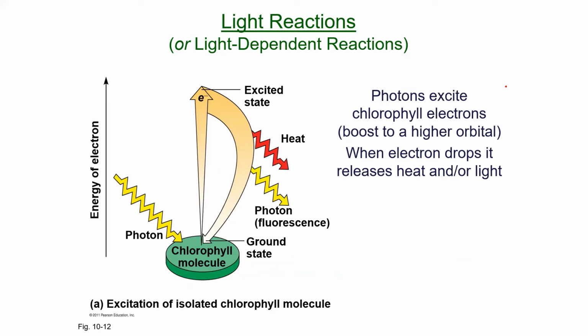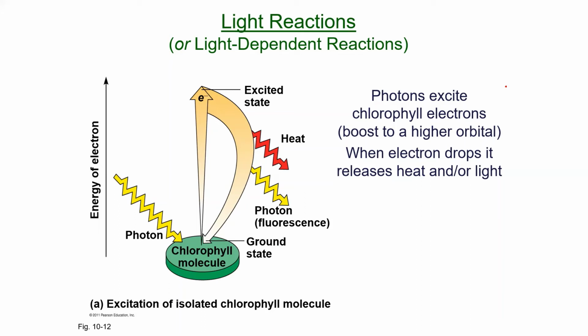It's kind of the same principle. What you have here is light is getting absorbed by that molecule, and the electrons get excited, right? They go into higher orbitals. And sometimes the electrons get ripped off, sometimes they go back to chlorophyll, and when they go back, they will release more light, okay? So this is kind of what's happening with chlorophyll.